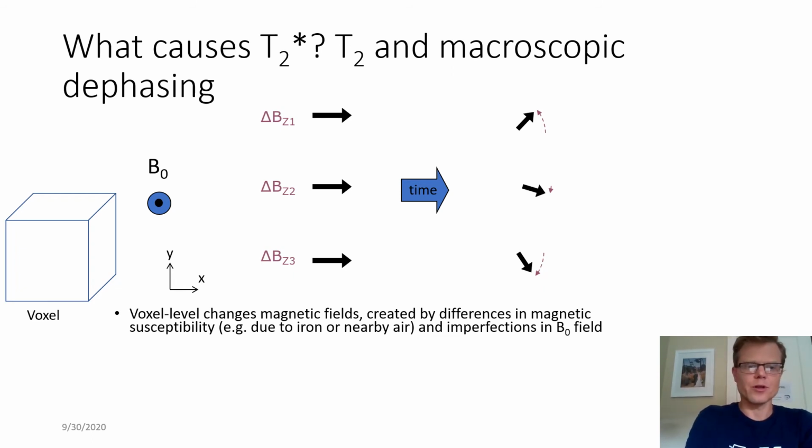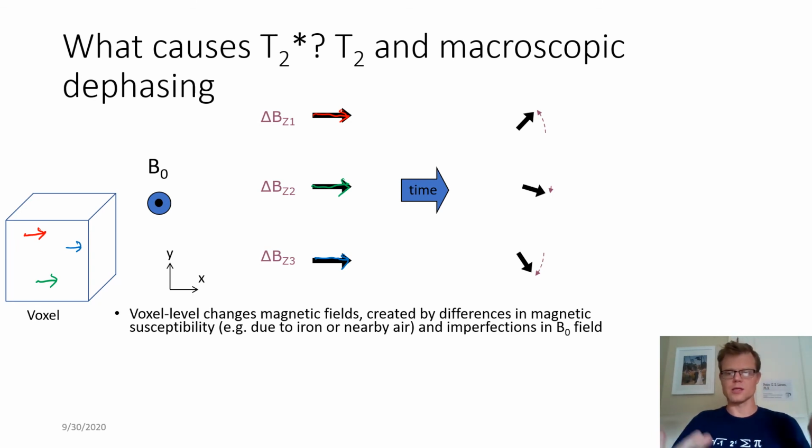So, for example, if I'm looking across the voxel, I might have some net magnetization at one position, and at another position in the voxel, which can have a slightly different magnetic field, we want to look at the net magnetization there, and so forth. In this simple illustration, we'll consider an example of 3 positions within this voxel.